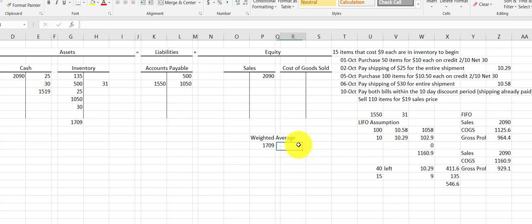That 1709 is the balance in the inventory. Then I come over here to my units and I say had 15, then I bought 50, and then I bought 100. So that's a total of 165. I haven't sold any yet because I'm doing my first sale.